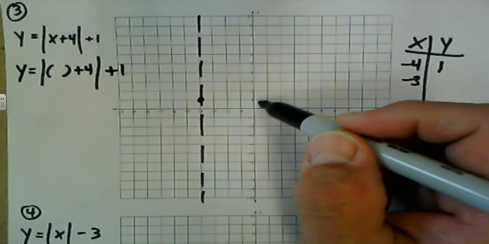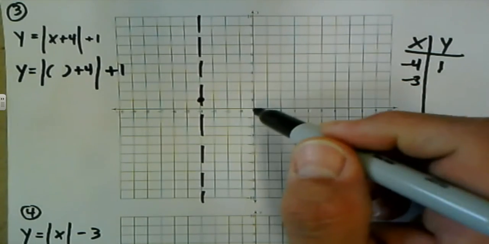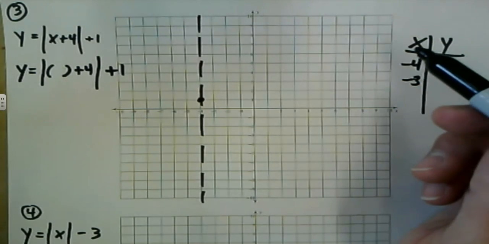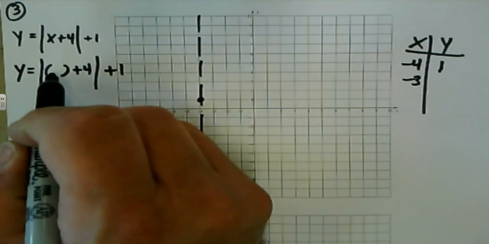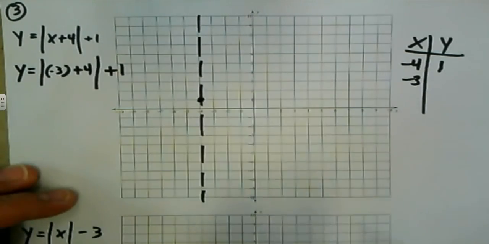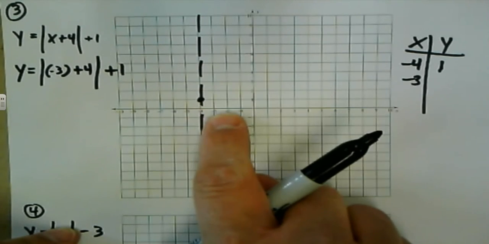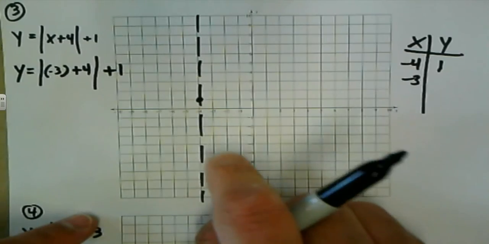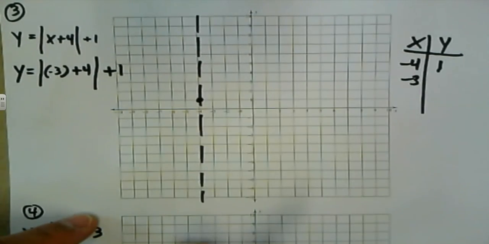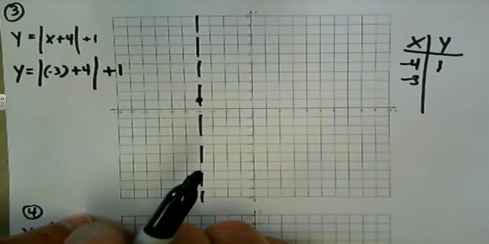This one you could pick 0, but you might be pretty far up there. No, you won't be too bad. 0 is an easy one to pick all the time. And with this program, it shouldn't be too far off, and I'll show you that. So put negative 3 in here. Does everybody see that? I just picked it because it's the next number to the right or to the left of that axis of symmetry. Anybody not understand that? I just picked the next one over.